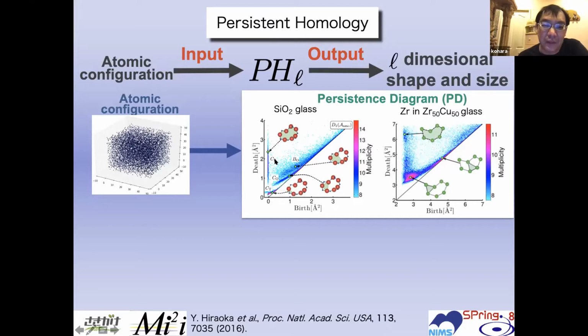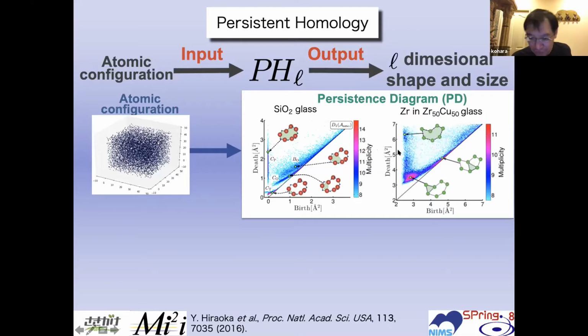In a network structure with a large amount of empty space, we can observe a very sharp profile along the death axis. This is a signature of a network. In the case of metallic glass, there is a very strong profile, but the values are very, very small. This is a typical metallic dense packed structure.